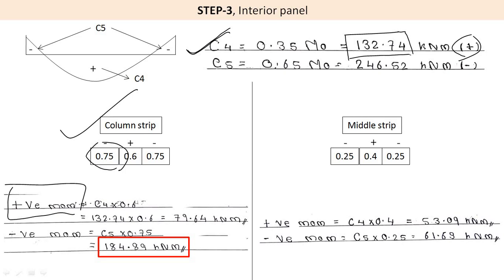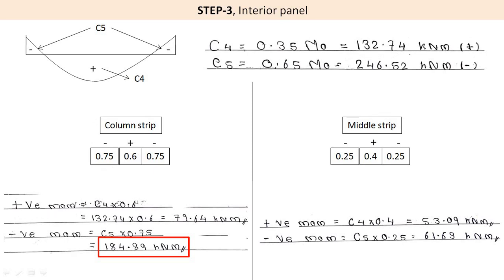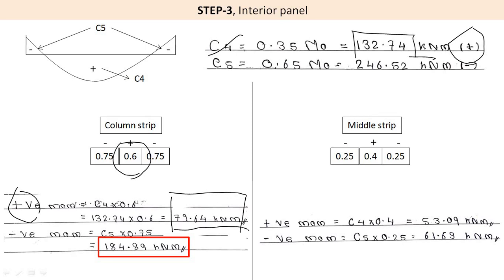Sorry, for the positive the distribution factor is 0.6. So for positive we will use the distribution factor 0.6 into C4, because it is a positive moment, so its value is 132.74. So for the positive we have the value as 79.64 kilonewton meter.